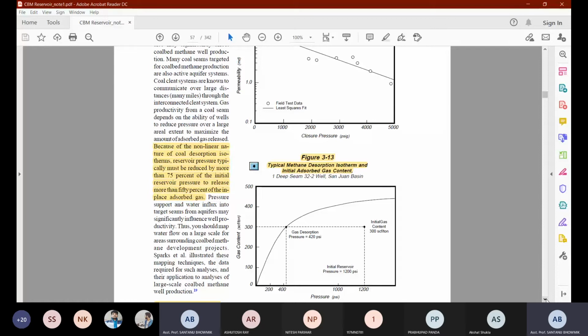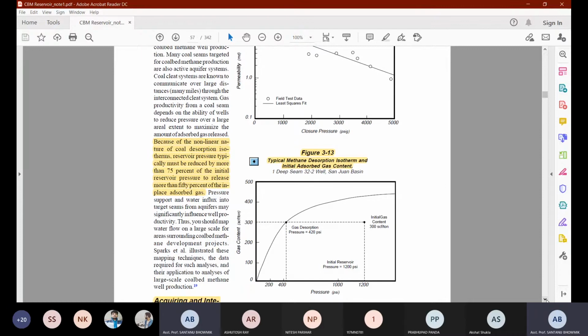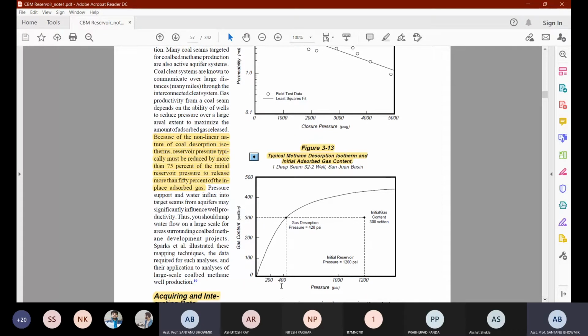How to get the idea that at this particular pressure the reservoir will be having this type of gas? That is only available by the gas isotherm concept. In this figure you can see the desorption isotherm, which is estimated from the field desorption canister test.